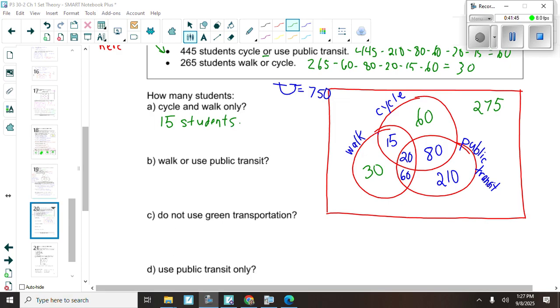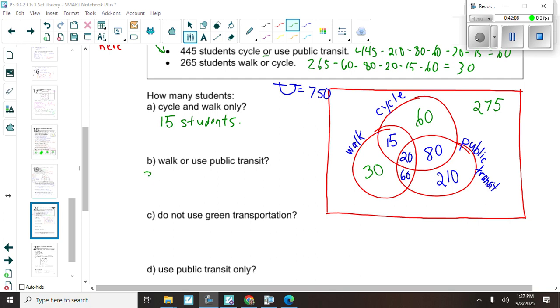Okay, walk or use public transit. That's our snowman. That's a large number. So we're looking at doing everything in the walk or the public transit.